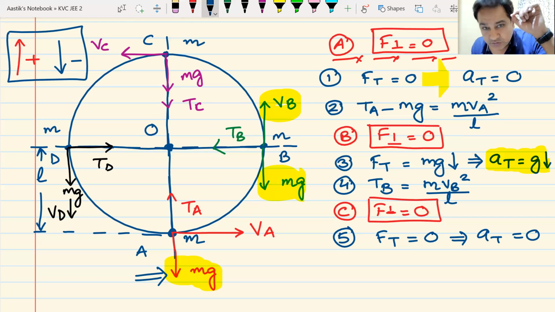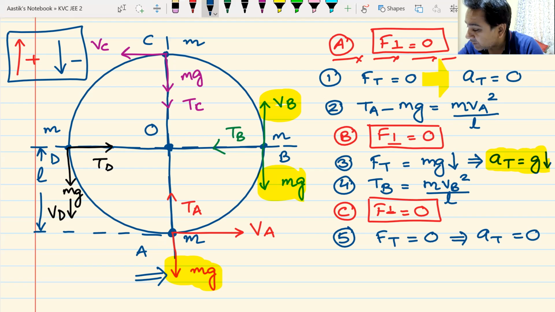What you have got to note here is tangential acceleration is continuously changing. It is changing in magnitude as well as in direction, and therefore the motion becomes very complicated. Centripetal acceleration is changing also, in magnitude and in direction.